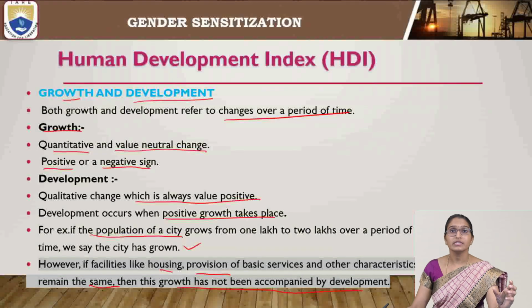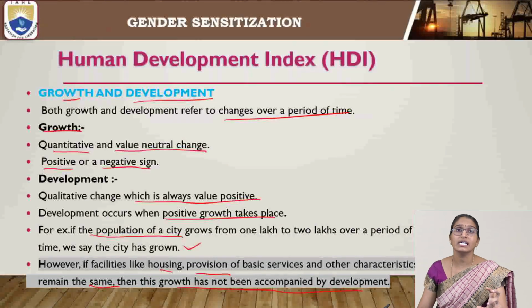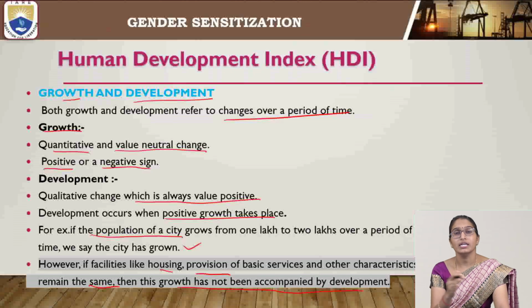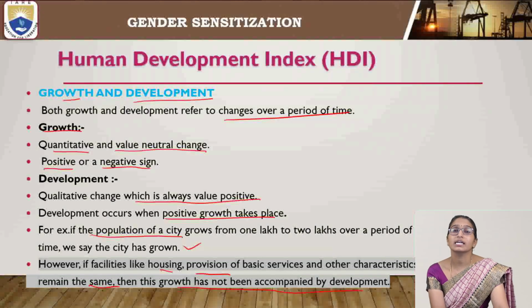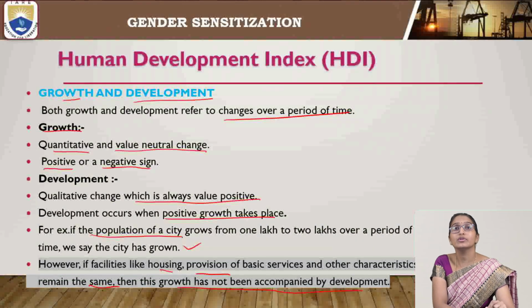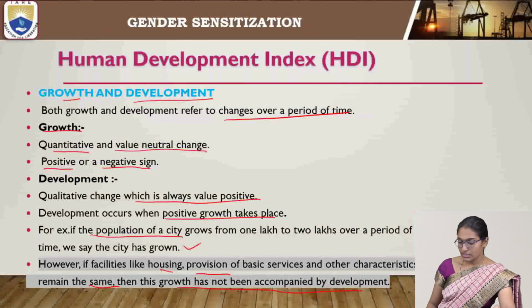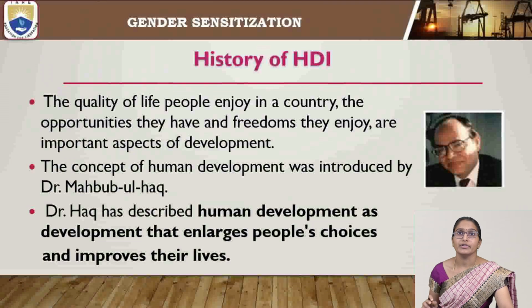So development is a qualitative term. When the growth, for example of population, is combined with the other necessities being given, and they are able to get all the requirements, then that city or community is called a developed city or a developed community.